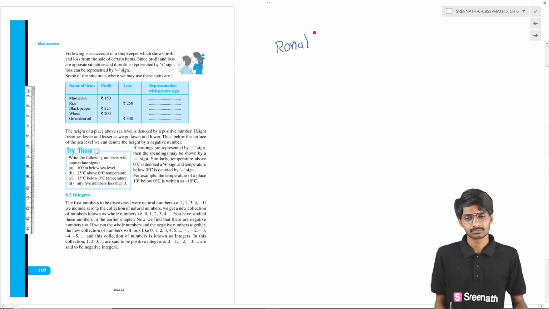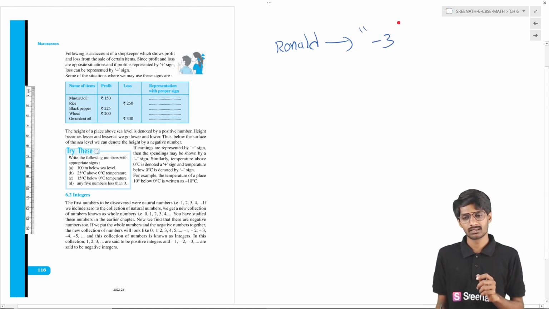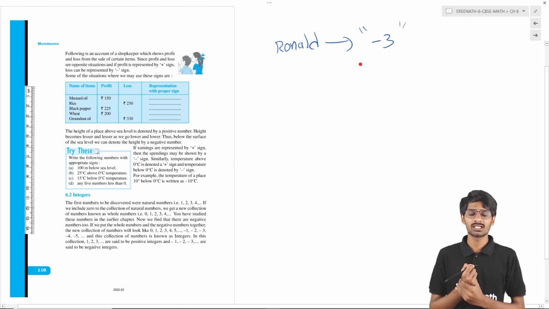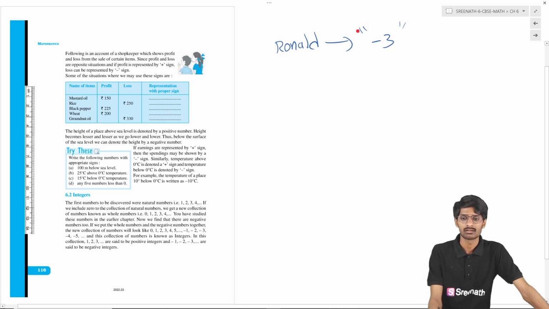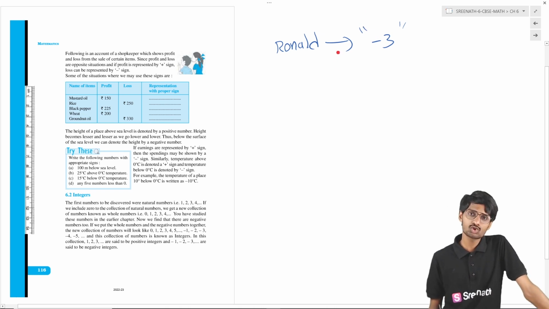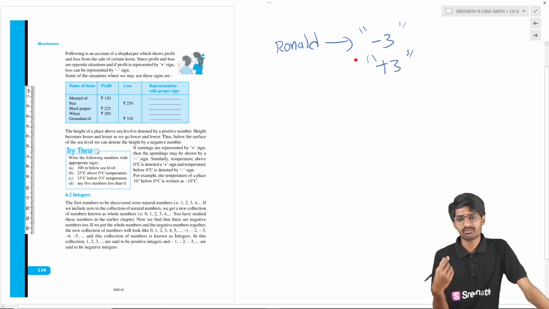In his book, Ronaldo represents it as minus 3. Why minus 3? Because Ronaldo has to give 3 rupees to the shopkeeper. If the shopkeeper has to give money to Ronaldo, then it is plus 3, which means 3 amount will be added to Ronaldo's amount. Here, the 3 amount is subtracted from Ronaldo's amount.